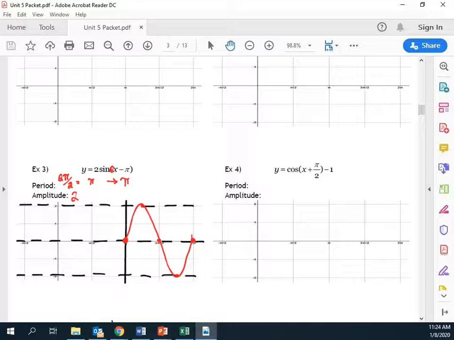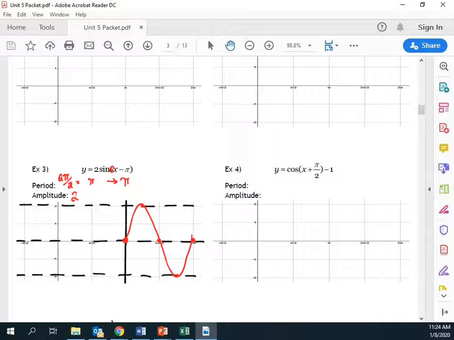Cosine, not so much. Cosine's a little bit different. Because what is the cosine of 0? 1. If you look at the unit circle, guys, of all the coordinates, 1 is the highest value you can get. Now, granted, there are transformations that can be done, but we're talking about parent functions. 1's the highest you get.